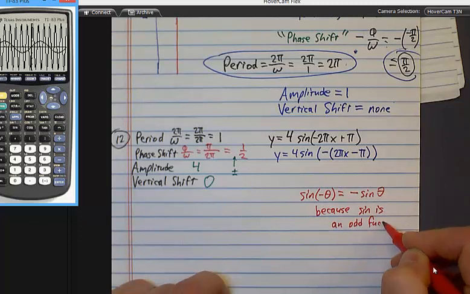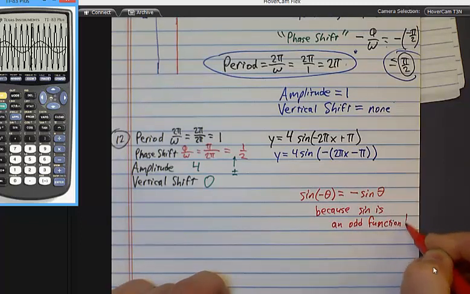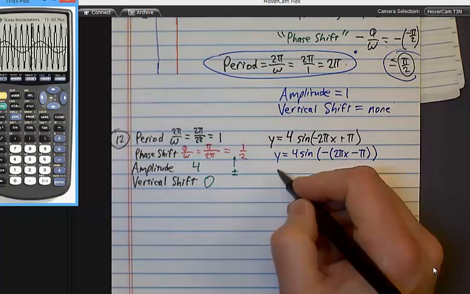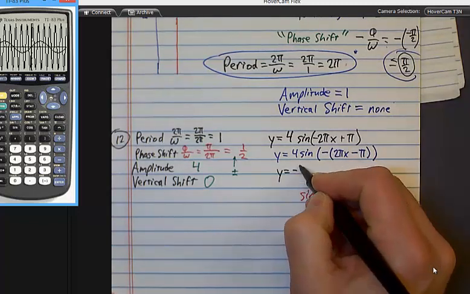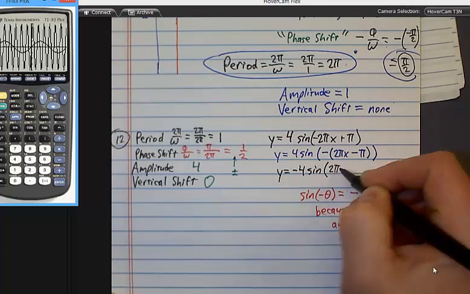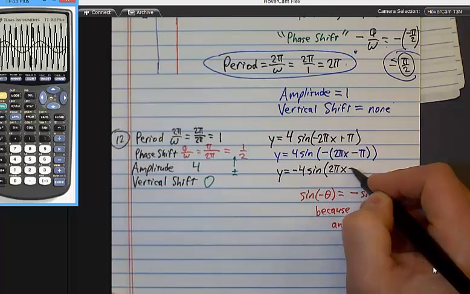Right? And I guess what I'm saying is that another way to write this same problem would be to write y equals negative 4 sine of 2 pi x minus pi. Okay?